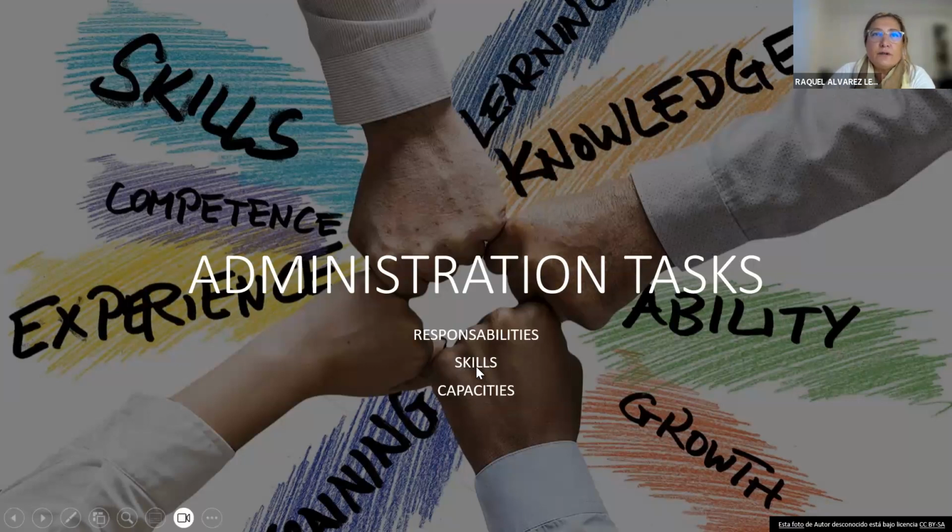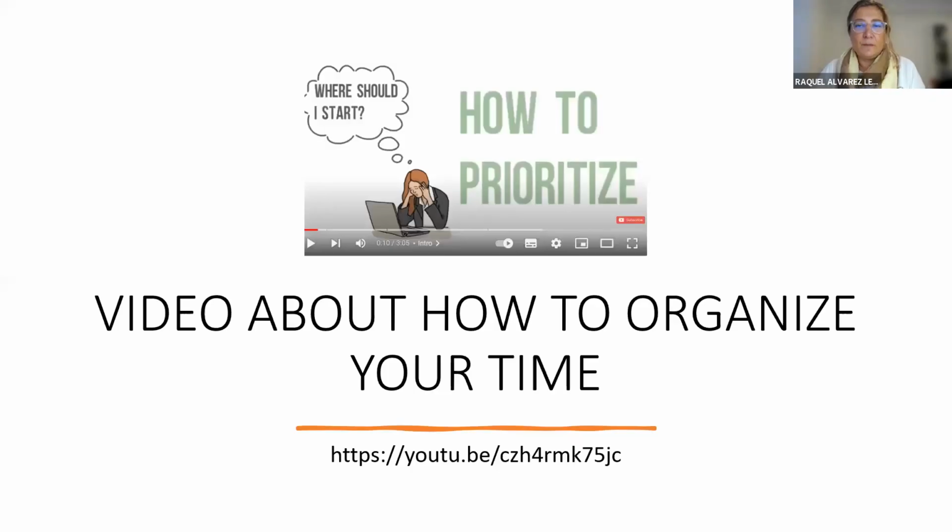For example, you are sociable, you are able to speak two languages, you are a software engineer, but at the same time, you are very good at writing reports or writing business letters. So skills are the same as capacities and the same as abilities.